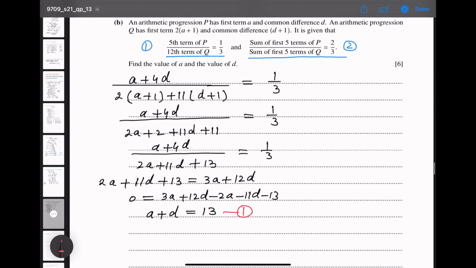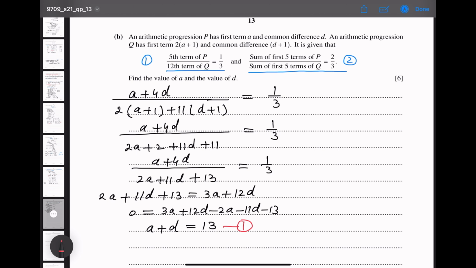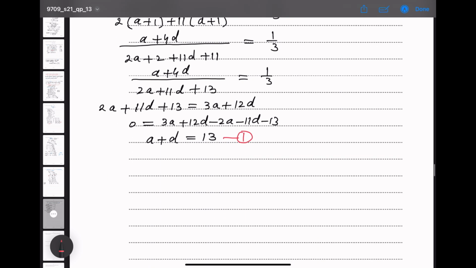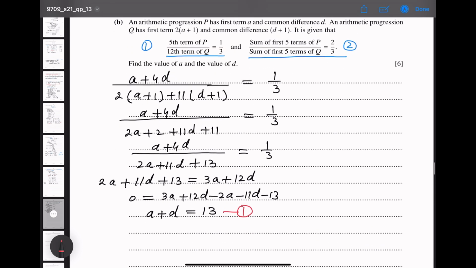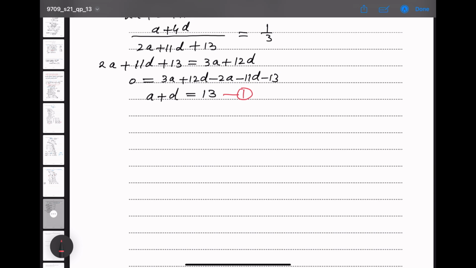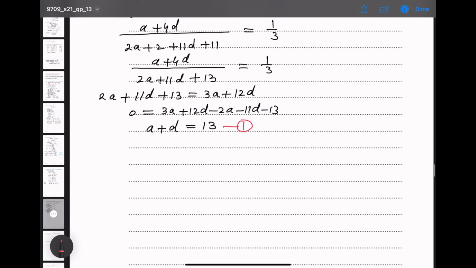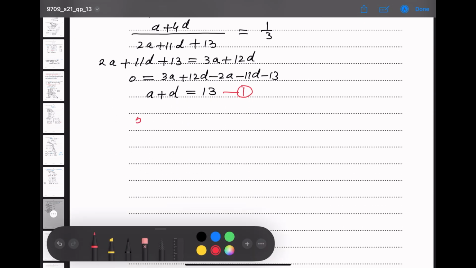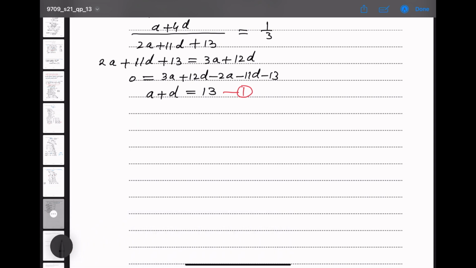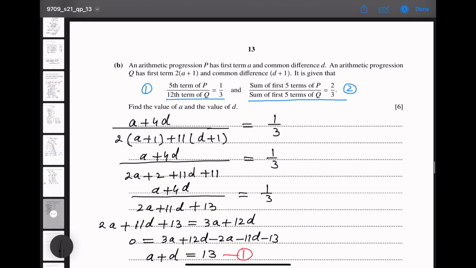So now we use the formula for the sum of n terms: Sn is n over 2 into 2A plus n minus 1 into D. For P, the sum of 5 terms is 5 over 2 into 2A plus 4D.